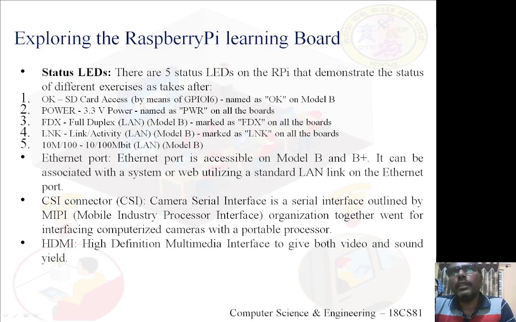And there are some 5 status LEDs on Raspberry Pi. What do those LEDs mean? GPIO 16, OK, means SD card access.